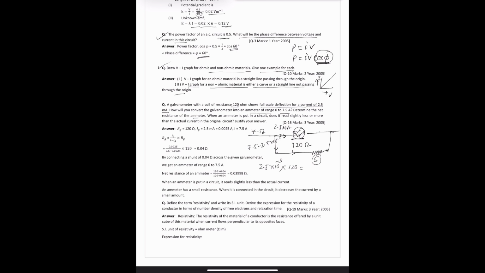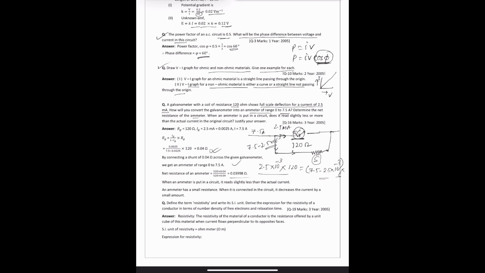So what is the potential difference across the shunt? Current into resistance. The current is 7.5 minus 2.5, since you are passing 2.5 through the galvanometer, so this much current is reduced, into 10 to the power minus 3 into the shunt resistance. By this way you can find out the shunt resistance, correct?